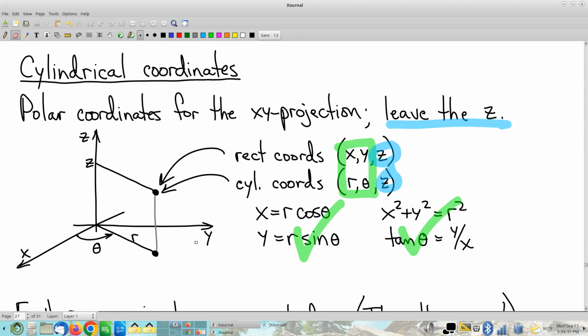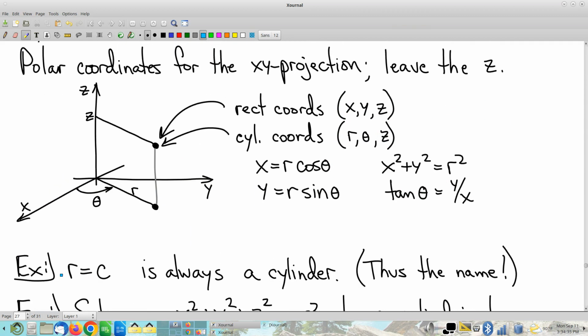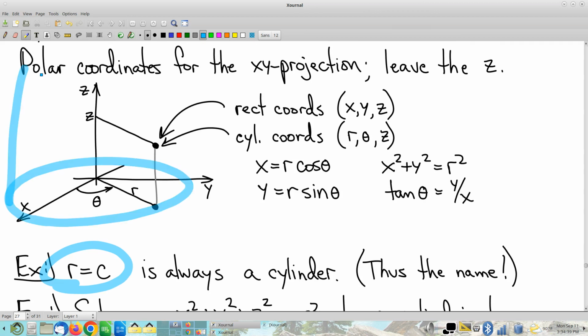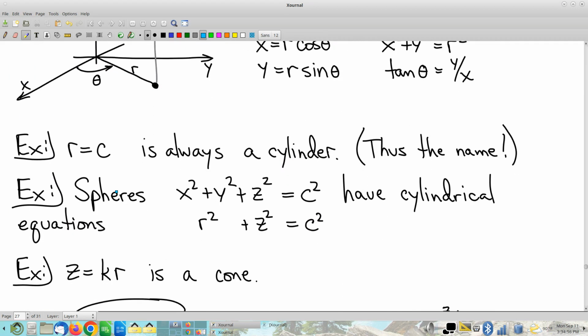Okay. A couple of quickie observations. If you have r equal to a constant, that makes a cylinder, which is why we call this cylindrical coordinates, right? r being distance from the z-axis. Okay, let's see here. Here's the equation of a sphere in rectangular coordinates.